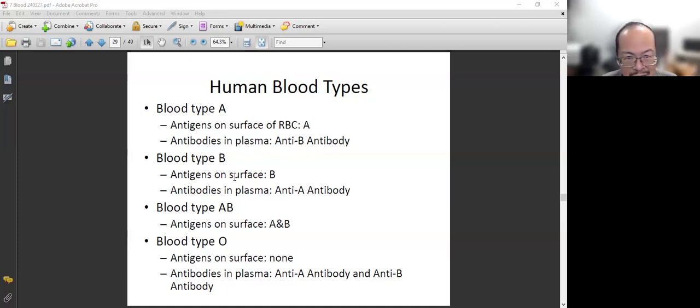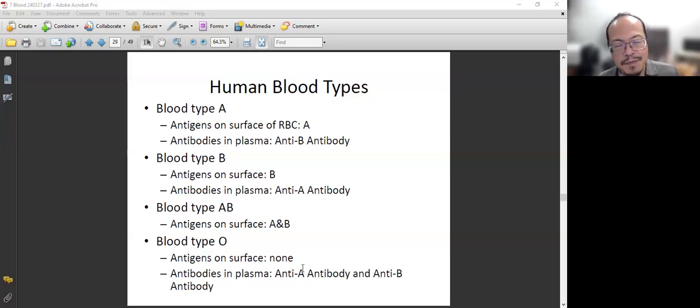Type B person has antigen B and the anti-A antibody. Type AB has antigens A and B. It doesn't have any antibody against A or B. Type O person has no antigen A nor antigen B, but this person has anti-A antibody and anti-B antibody.